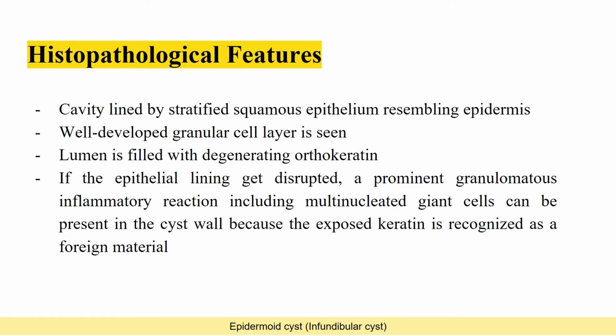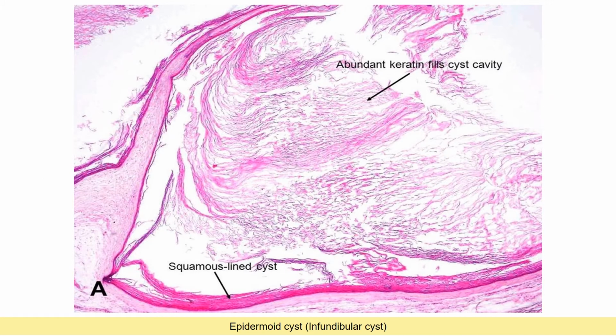If the epithelial lining gets disrupted, a prominent granulomatous inflammatory reaction will take place, which causes the presence of multinucleated giant cells in the cyst wall, because the exposed keratin is recognized as a foreign material. As you can see in this histopathological picture, abundant keratin fills up the cystic cavity, and the cyst is lined by stratified squamous epithelium which resembles the epidermis.